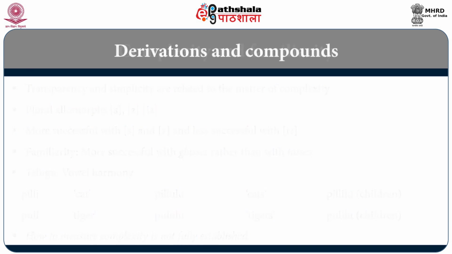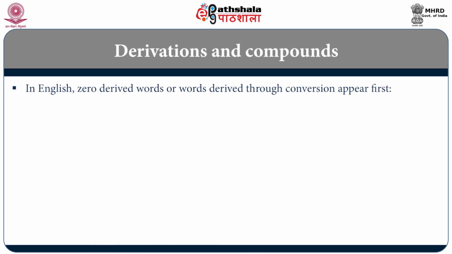When we move to derivations and compounding, again we find that simpler forms are acquired earlier by children. In English, zero-derived words or words that are derived through conversion appear first.